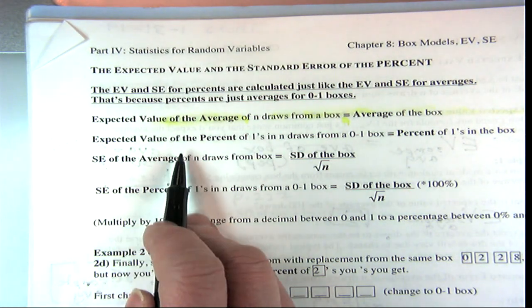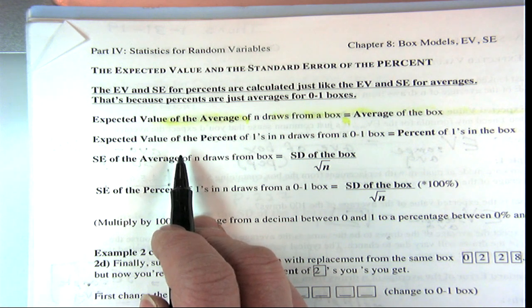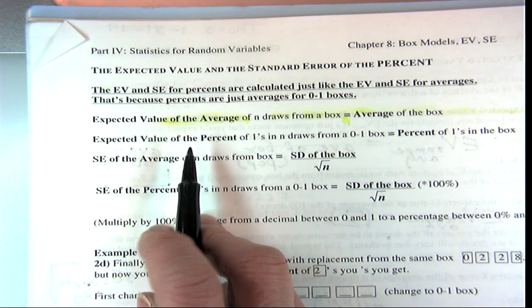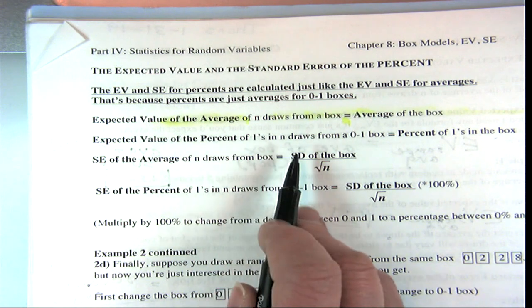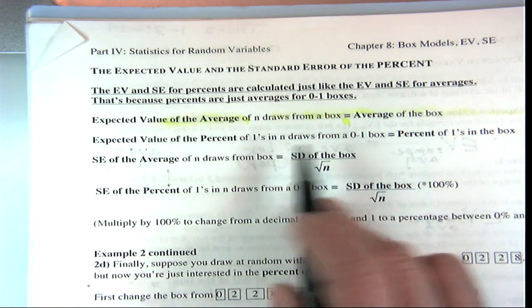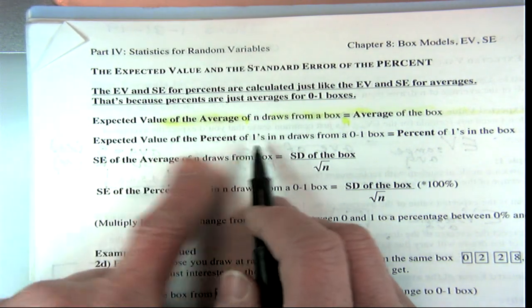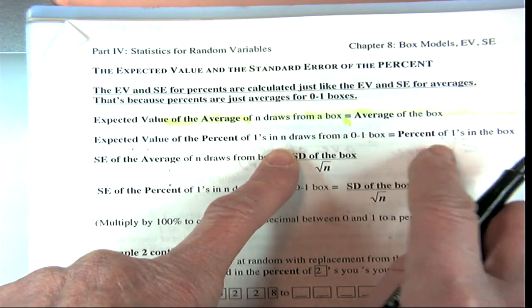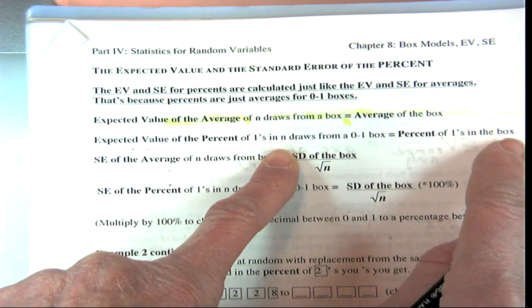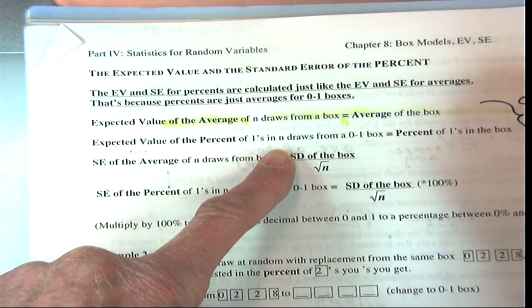The expected value of, if you're classifying into two categories, like yes and no, or heads and tails, and we model it with a box with ones and zeros, then the expected value of the percent of ones in your sample of n draws is just going to be the same as the percent in the box. So these two, there's no formula for these. They're just common sense.